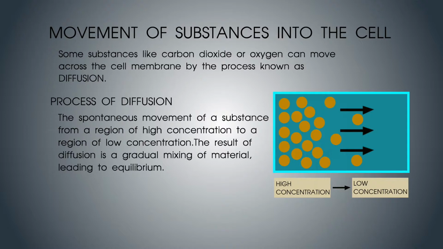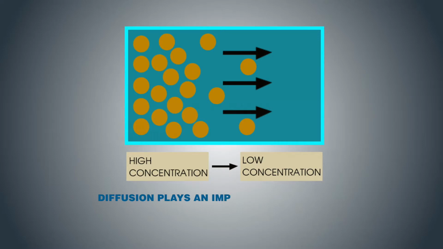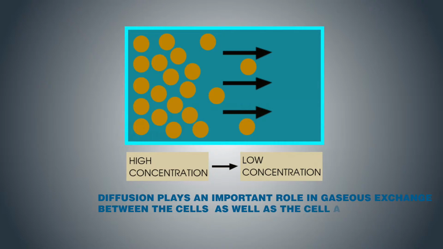Similarly, O2 enters the cell by diffusion when the concentration of O2 inside the cell decreases. Thus, diffusion plays an important role in gaseous exchange between the cells as well as between the cells and their external environment.